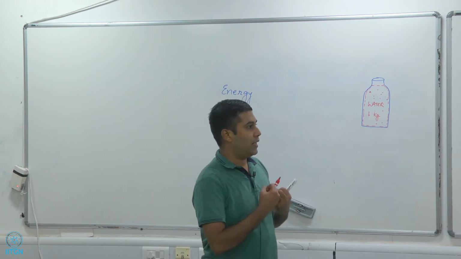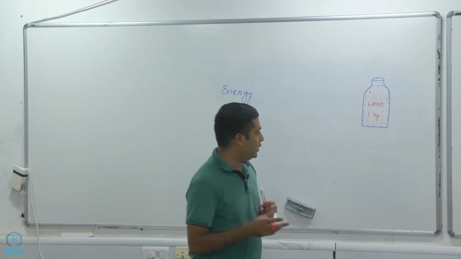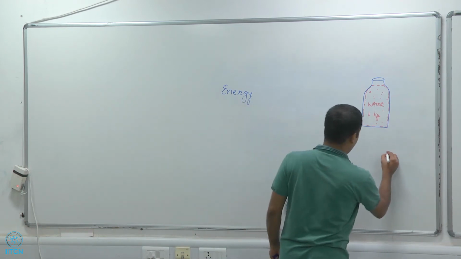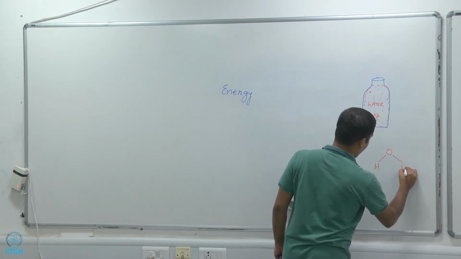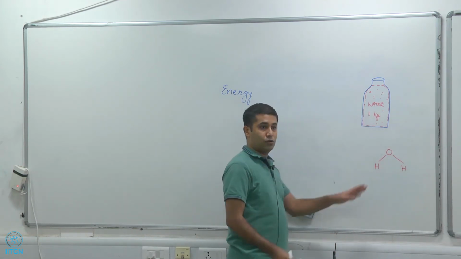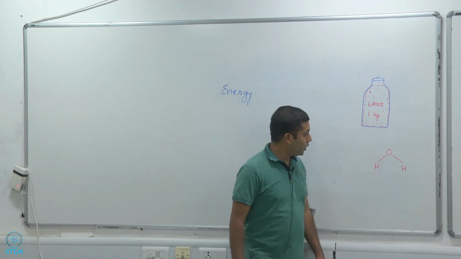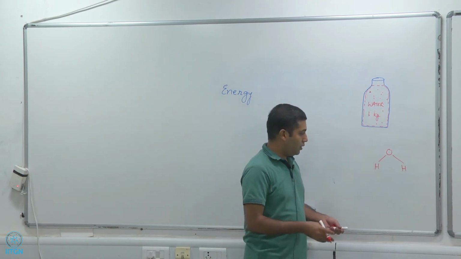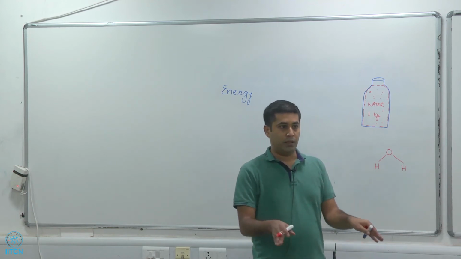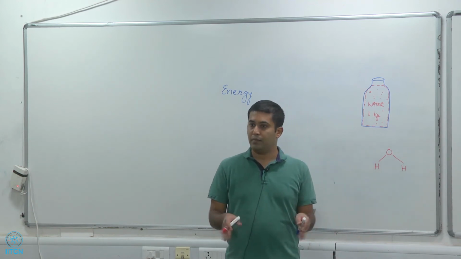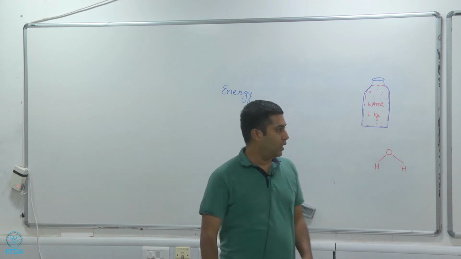So there is that. We also know that within a water molecule, for example, we know that the water molecule looks like this. We know that the water molecule flaps like the wings of a bird, and that flapping has some energy associated with it.